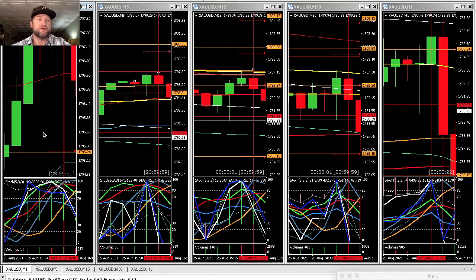What sucks worse than that is when it goes above your sell, and then you're in negative, so you're losing what you call margin, right?